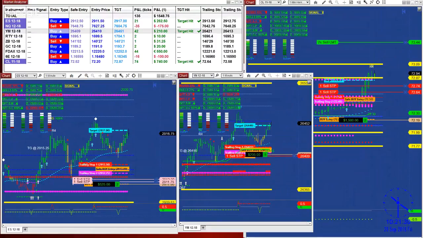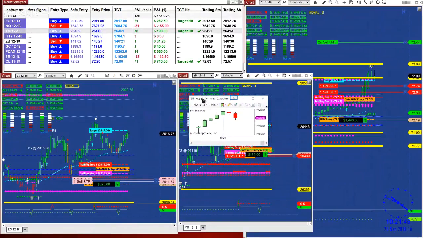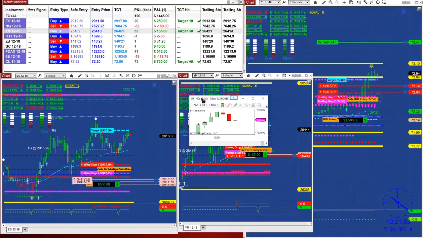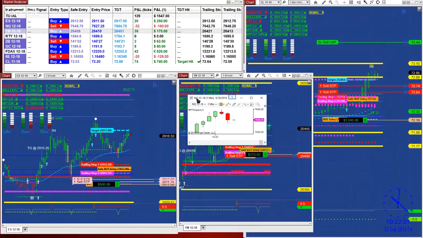The Nasdaq is 36 level. Yeah, it is 34.50 right now. No, 34.50. This is really odd.